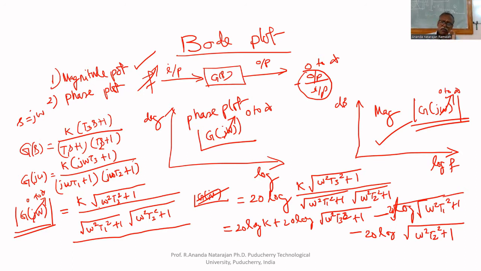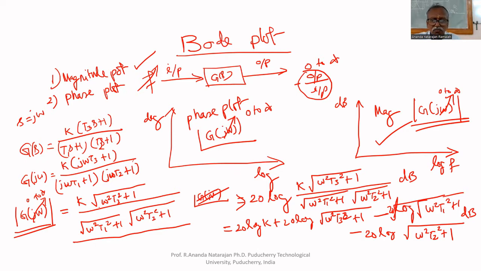What is the advantage of writing like this? Now it is in decibel. Earlier it is in linear scale. The advantage is we can add for each factor.